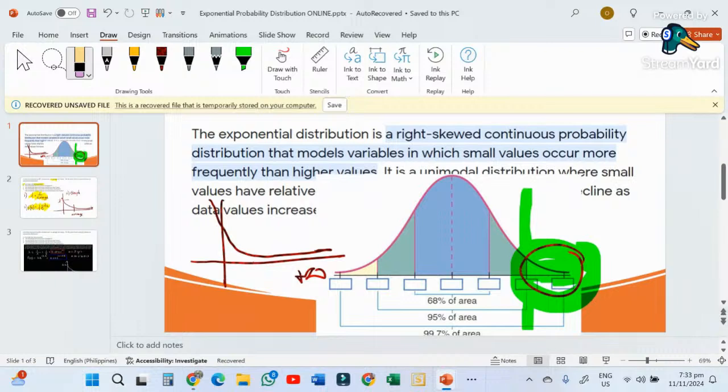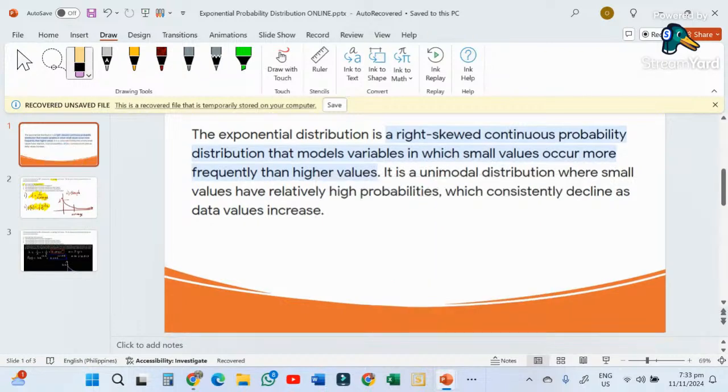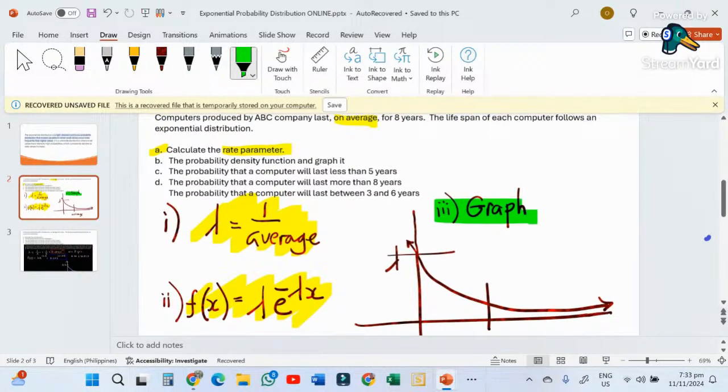Now in the exponential, all you need to do is to graph this one, find the rate parameter, which is represented by the lambda.